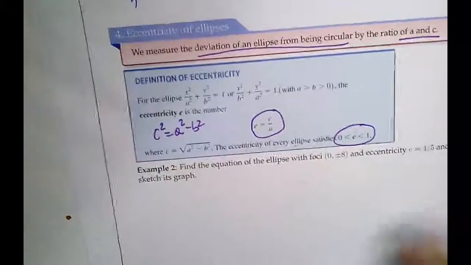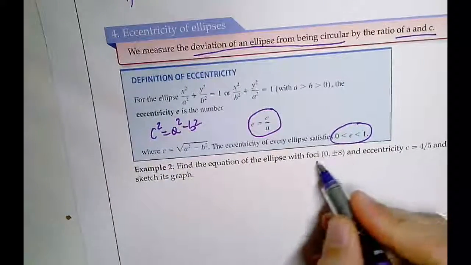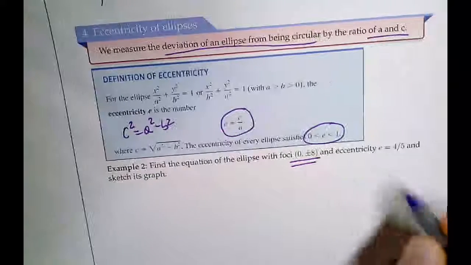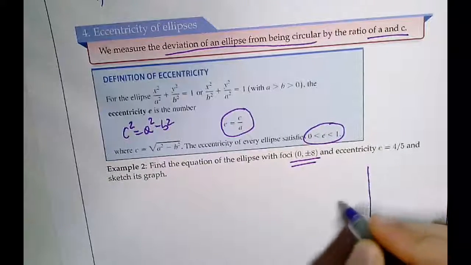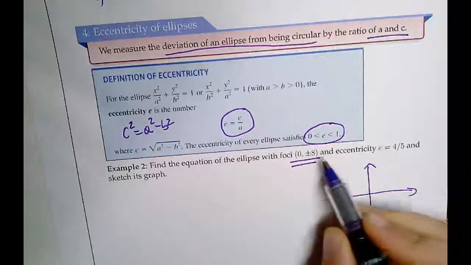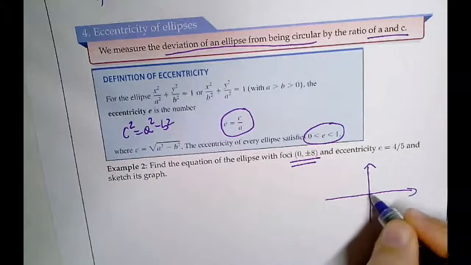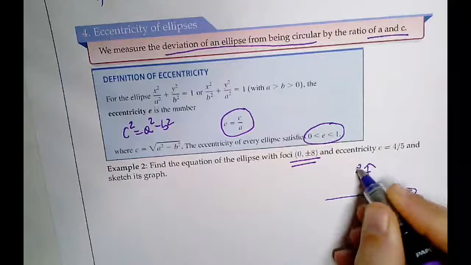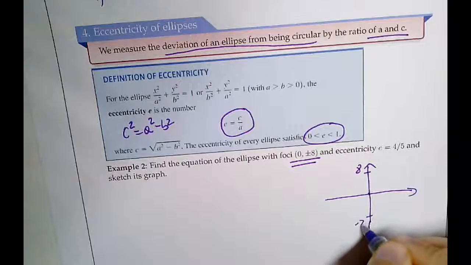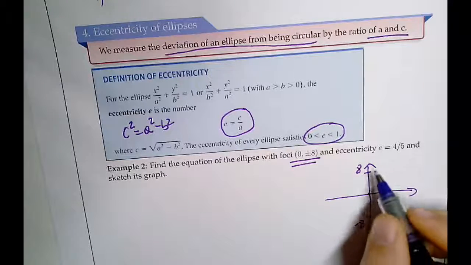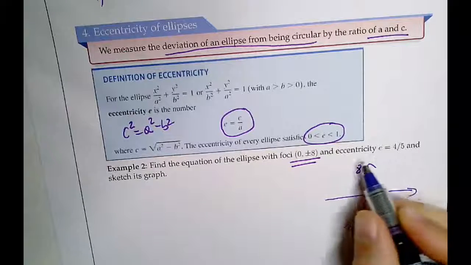So let's find the equation of an ellipse that has these foci. Okay, so as soon as you get a piece of information, start drawing. So it's 0 plus or minus 8, so 0 for x and 8 and negative 8 for y. So this is going to be an ellipse with the foci on the y-axis.